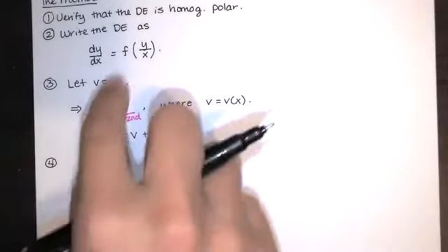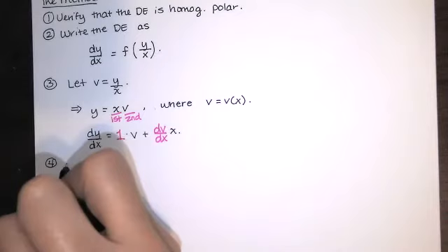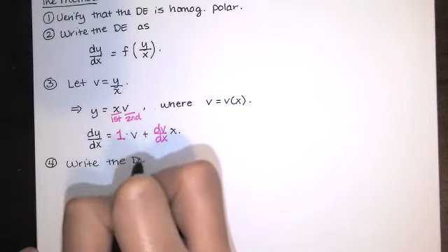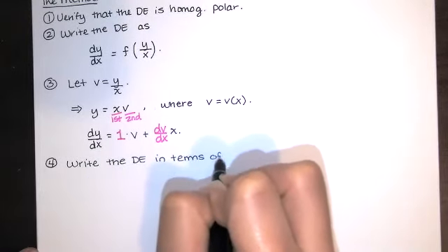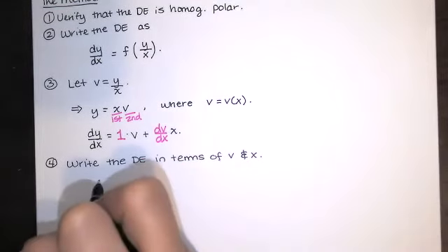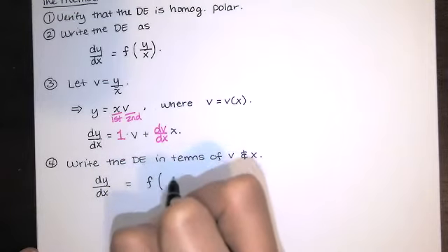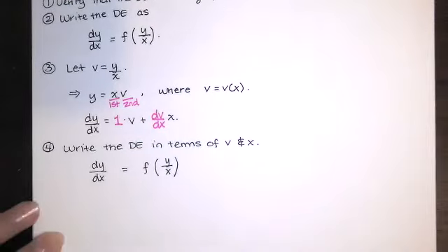So you want to substitute all of these pieces up here. So dy dx is going to be replaced, and every y over x is going to be replaced by a v.